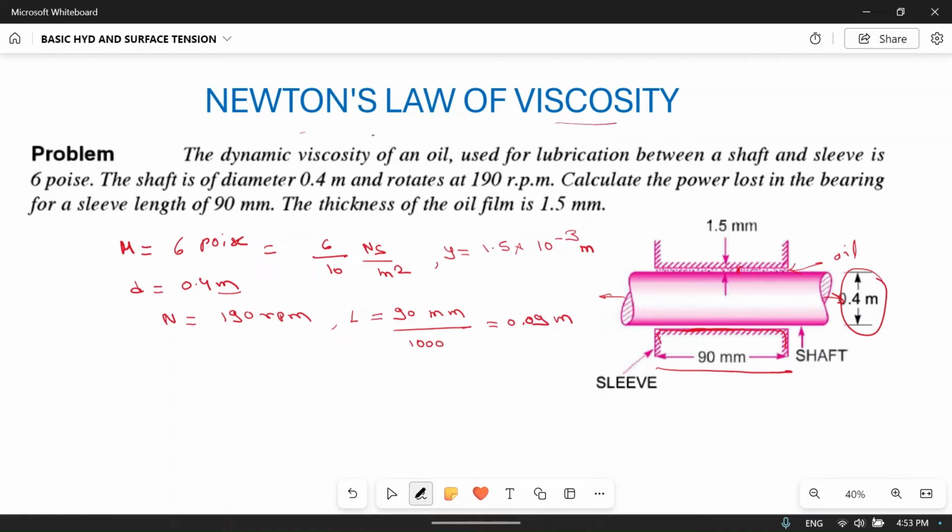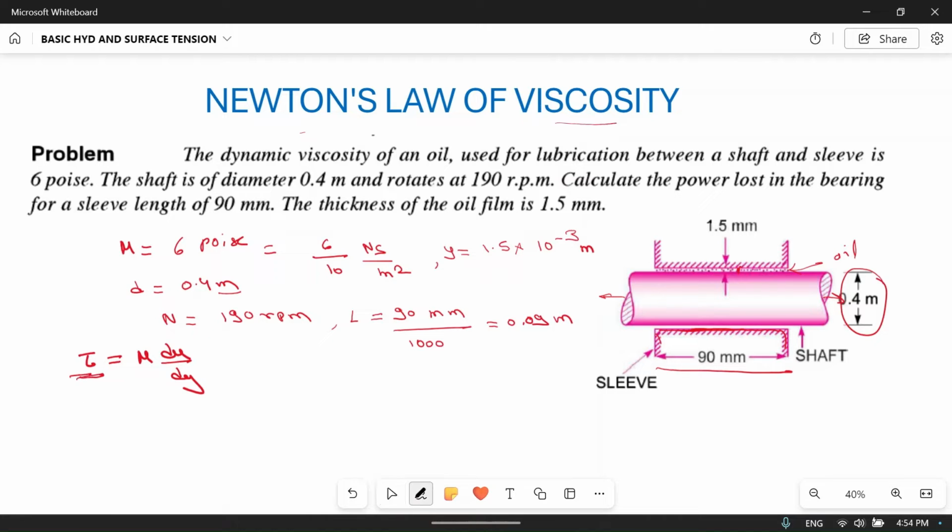Now we know that Newton's law of viscosity is tau is equal to mu du upon dy. So what is tau? Tau is shear stress. This shaft is rotating in the fixed portion of the sleeve, so there will be some resistance to that rotation offered, which is shear stress, which will be offered around the shaft.